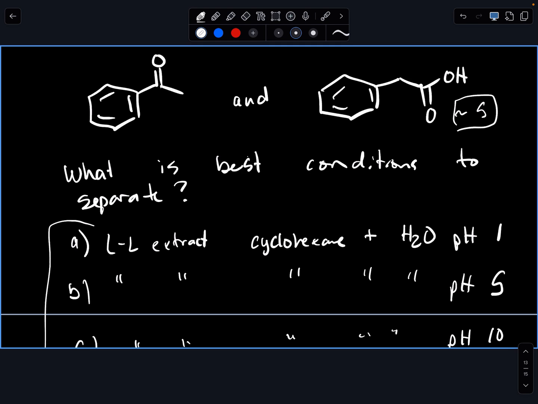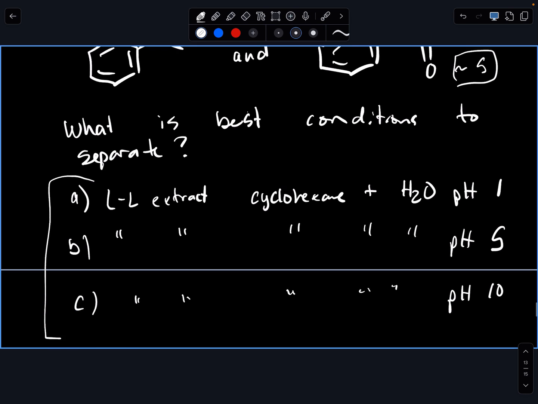Half negative, half neutral. So you might separate a little bit of it, but you're going to get a mess. So what you want to do is go to a pH that's higher than the pKa. At least 2 units. Going 5 units higher is really no better than 2 units higher. Slightly better, but almost no difference. But that's, I guess, a kind of question you could get like this.